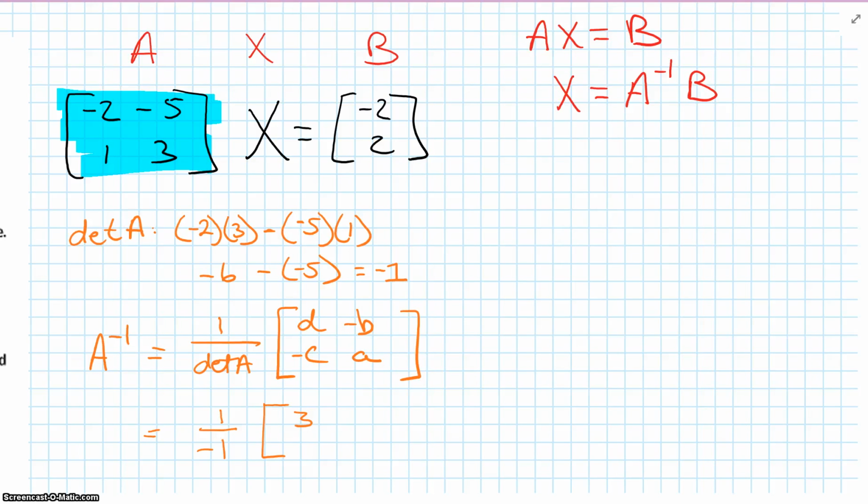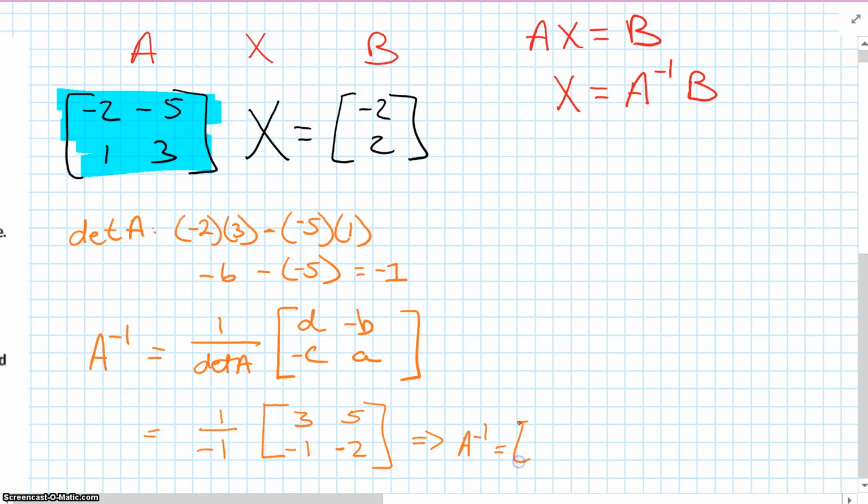Our D value is 3. Negative B would be positive 5. Negative C would be negative 1. And our A value is negative 2. Well, 1 over negative 1 is just negative 1. So our A inverse is negative 3, negative 5, 1, and 2.